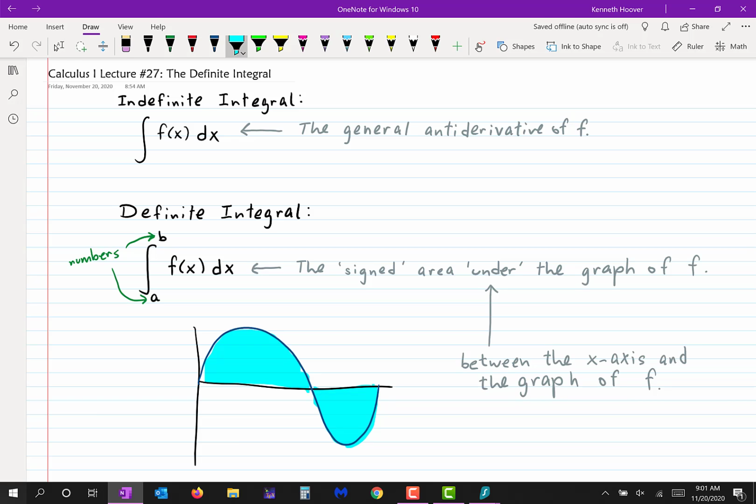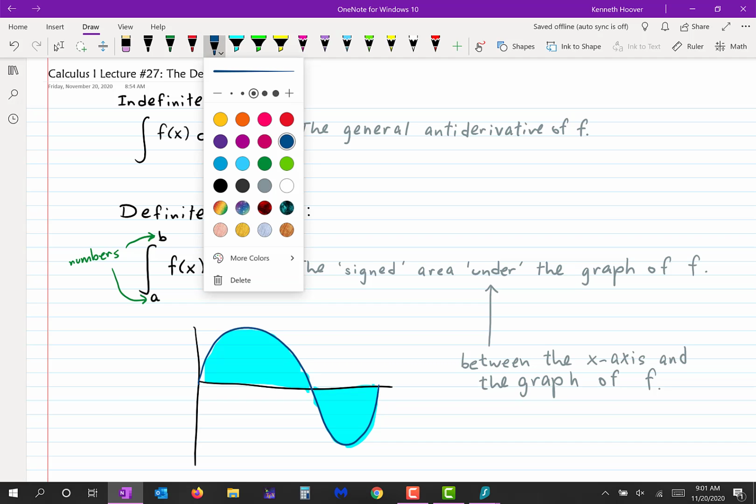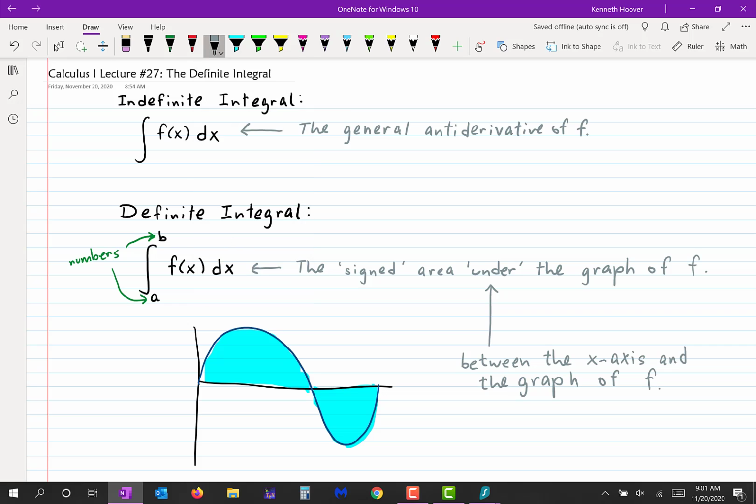Okay, now what about the word signed? What does that mean? That means that the area could be positive or negative. So we're not in high school geometry anymore where we say areas always have to be positive. Okay, this is a signed area, which means it can be positive or negative.